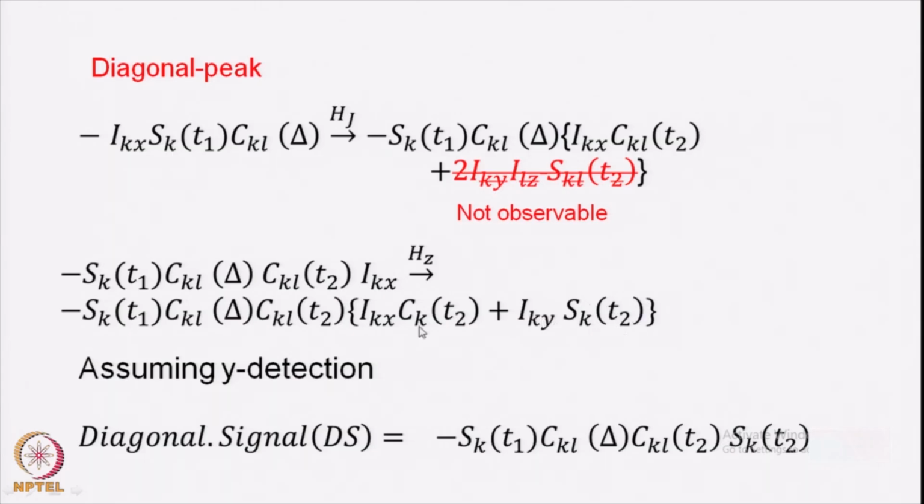So this is cosine omega k T2 and this is sine omega k T2. Now, without losing any generality, we assume Y detection, in which case the diagonal peak signal is given by this term. We only keep this and ignore this, and therefore I will have here minus SKT1 CKL delta CKL T2 and SK T2.